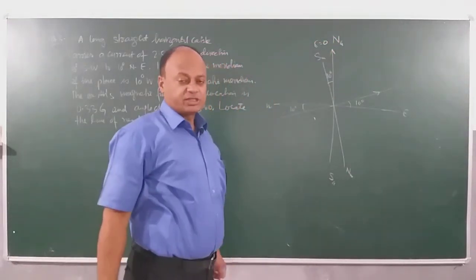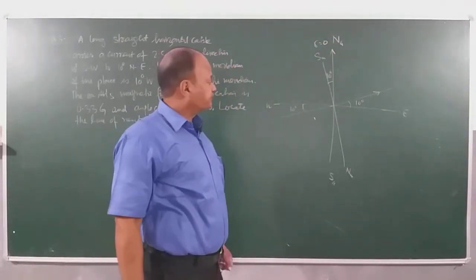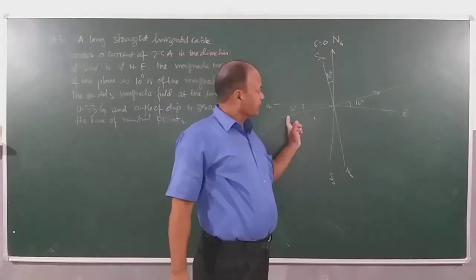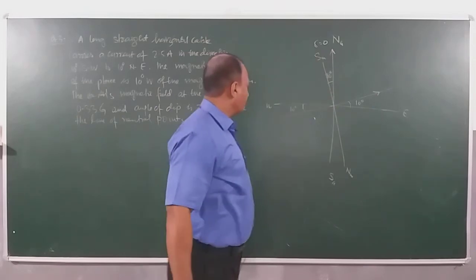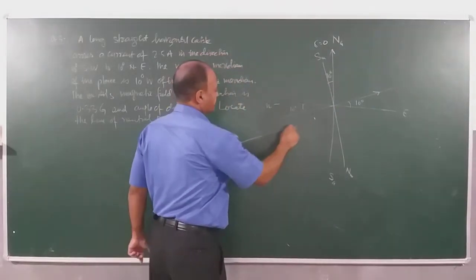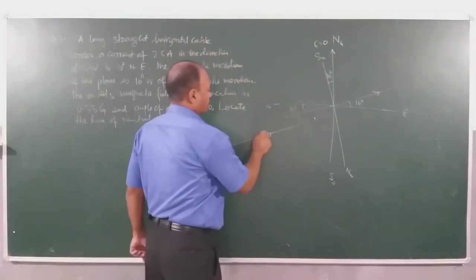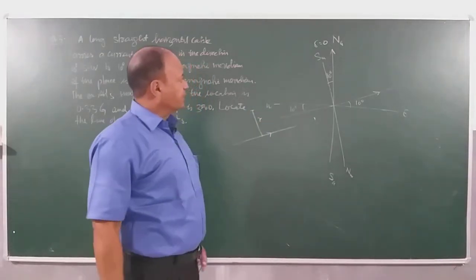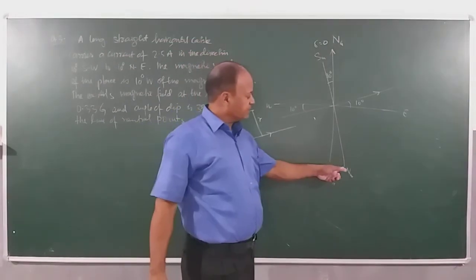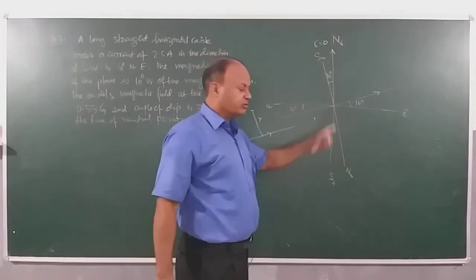So we have two situations. One is the magnetic field produced by this current carrying cable at a certain distance r. At a perpendicular distance r, when you look at this, Earth's magnetic field is directed from north to south.